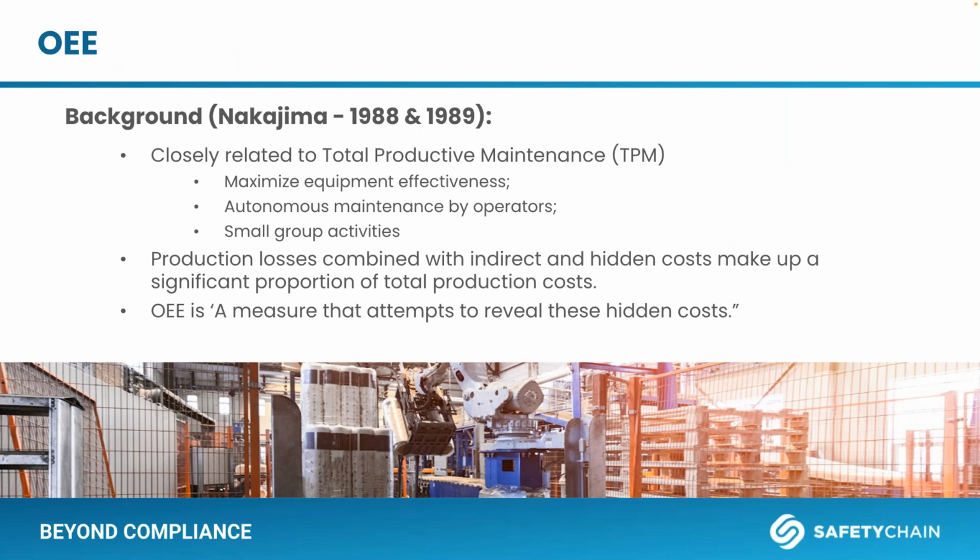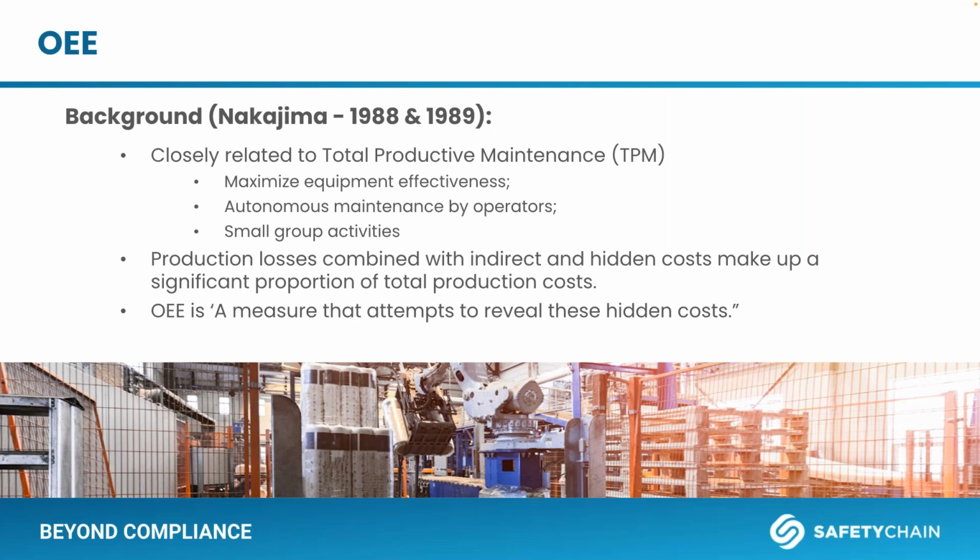No worries. Okay. I just want to give a quick little background, thanks, Aaron, of Nakajima in 1988-89. He did an awful lot of work around total productive maintenance, designed to maximize equipment effectiveness.